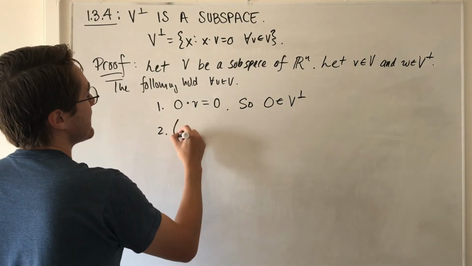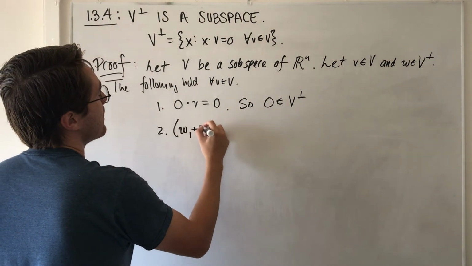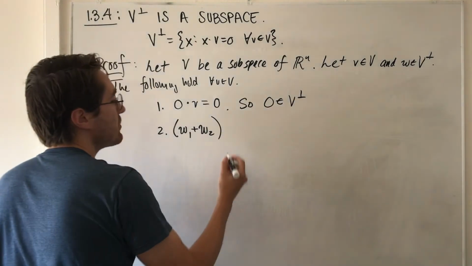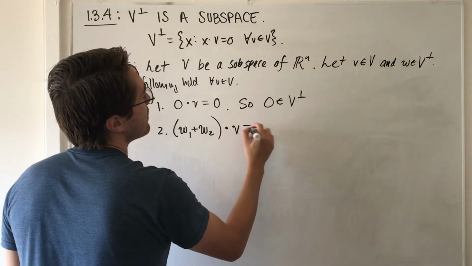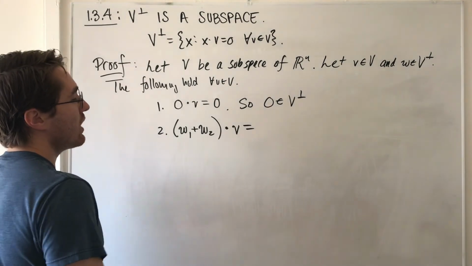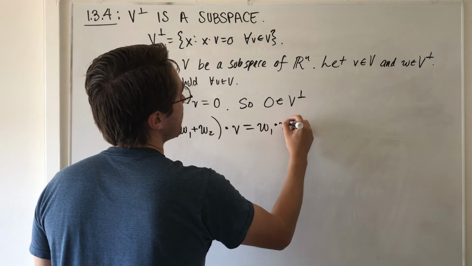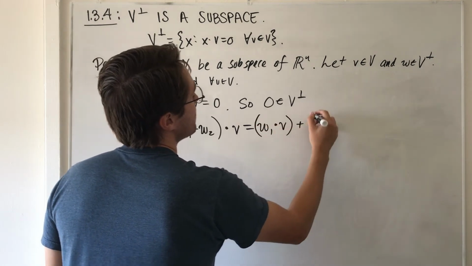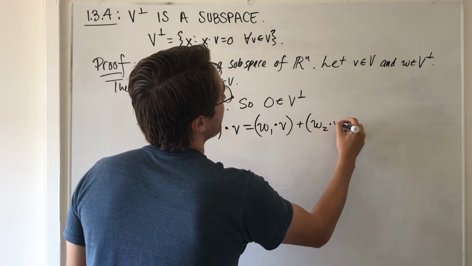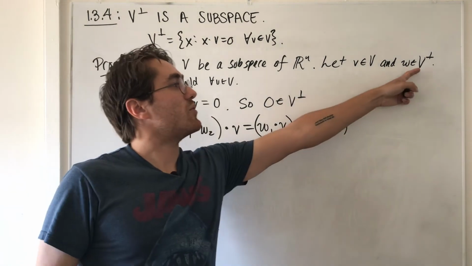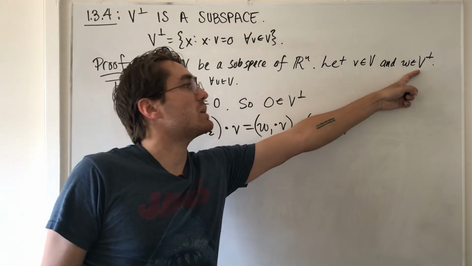We're going to say, let's take w1 plus w2. Clearly, these are elements of V-perp, the orthogonal complement. And let's dot it with v. Well, we can distribute the dot product, so we have w1 dotted with v plus w2 dotted with v. But we already know that these two are elements of V-perp. And what does it mean to be an element of V-perp?